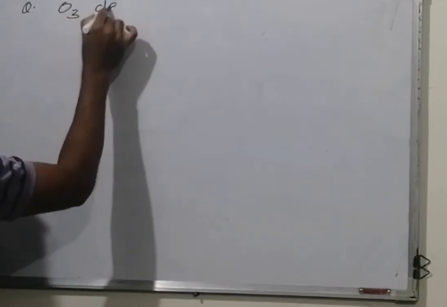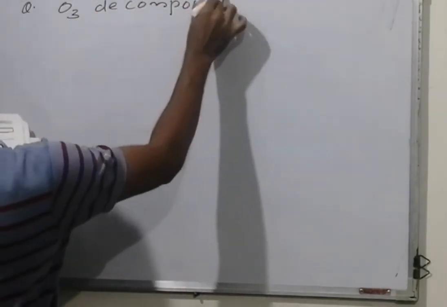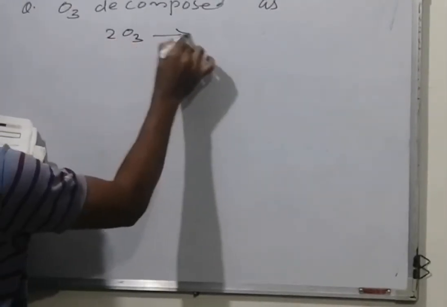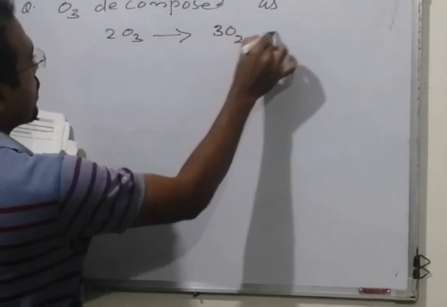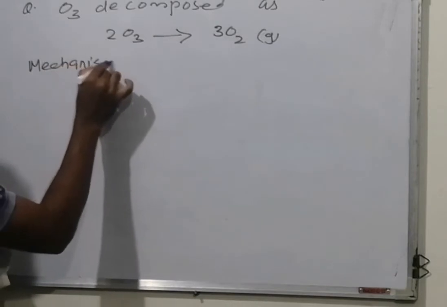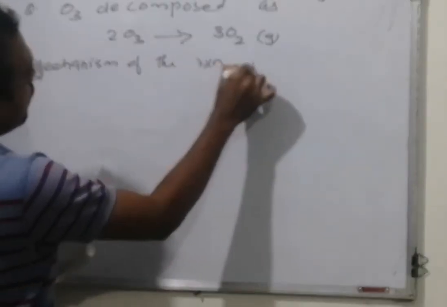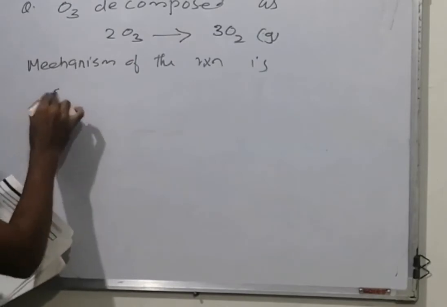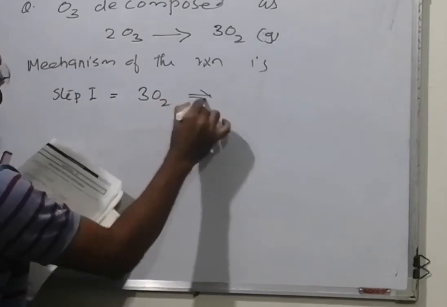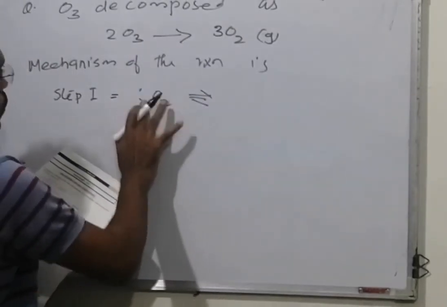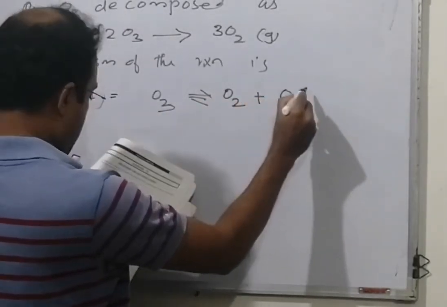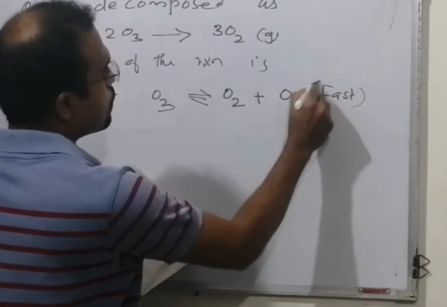Ozone decomposes as 2O3 gives 3O2 gas. The mechanism of the reaction is: step 1, O3 in equilibrium with O2 plus O. This is a fast step.